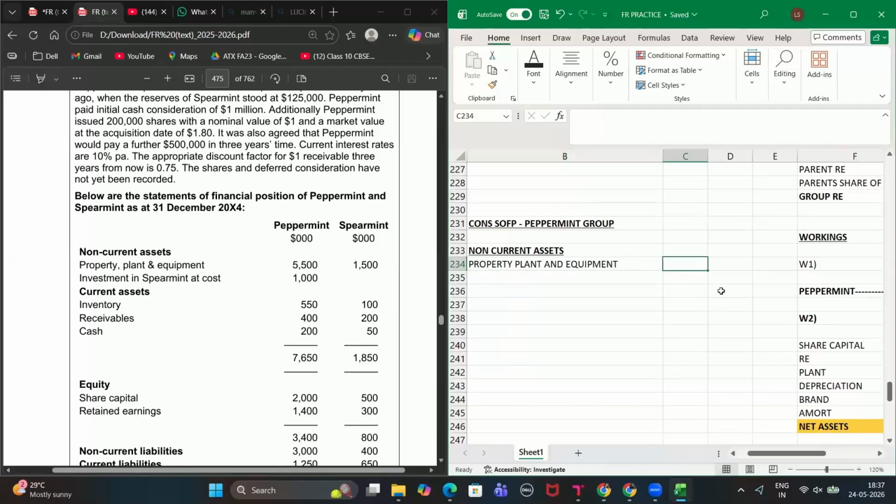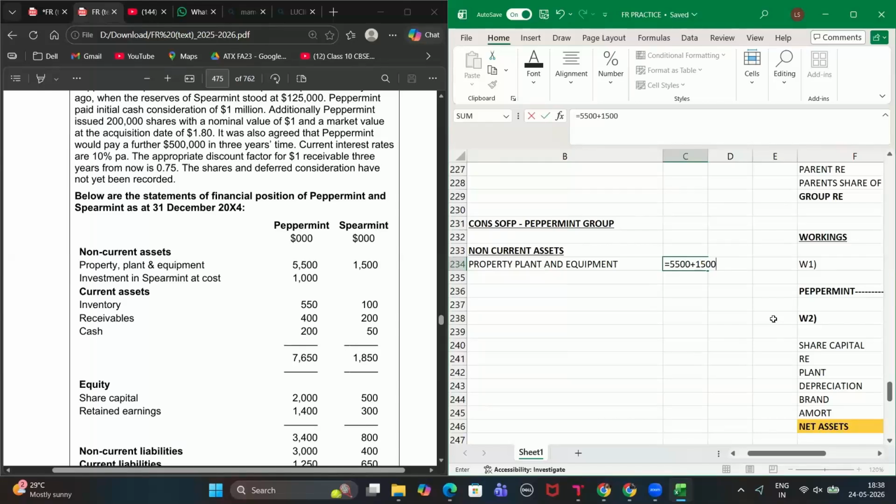Okay, fine. What will be the value of property, plant, and equipment? See, we have plant of 5,500. Now, what else do we have? 1,500. But is this the value?